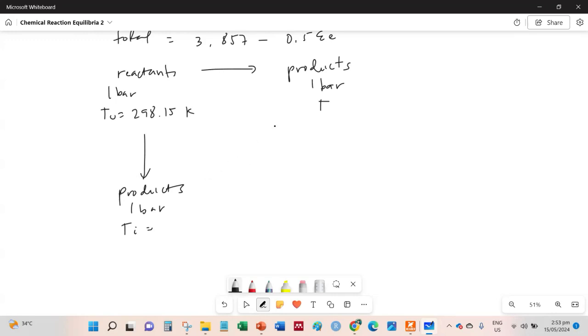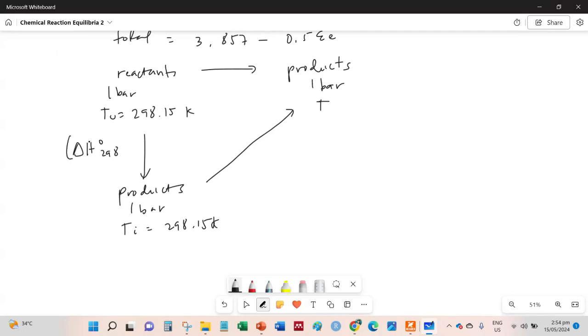From there, this hypothetical path now proceeds to the products at a certain temperature that is unknown. So here temperature and pressure are maintained, and then the temperature is raised to an unknown temperature. In this hypothetical path, delta H here is the delta H of the reaction at standard temperature and pressure.